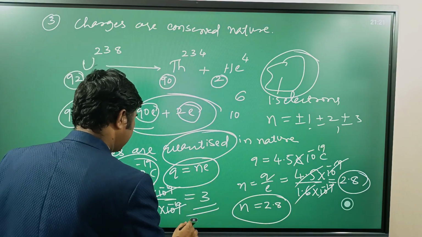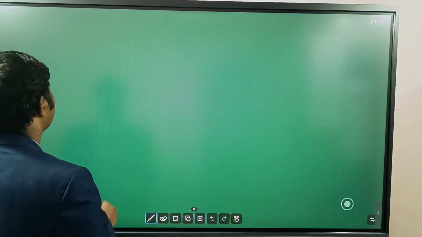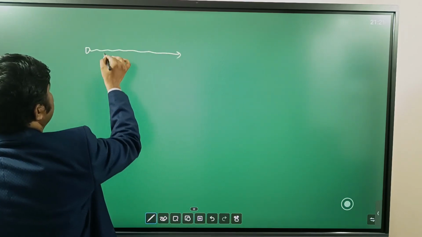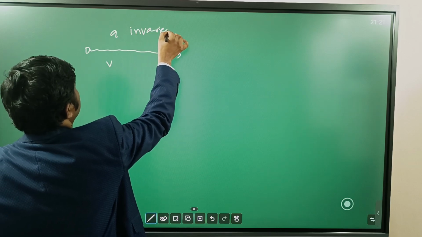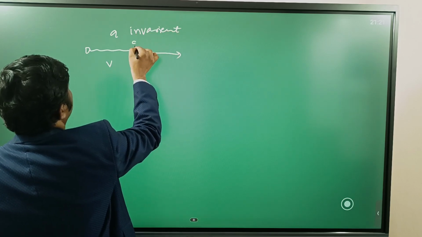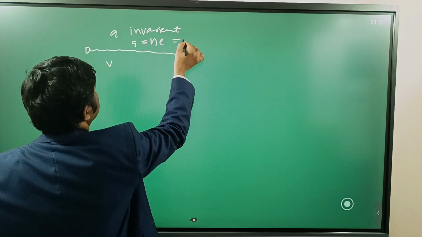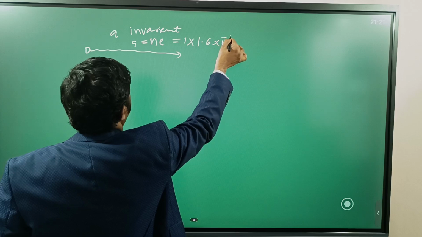And one more important property is, when charged particles are moving with certain velocity, its charge is invariant. That means the value of this charge, q is equal to n into e; if I take a single electron, that is 1.6 into 10 power minus 19 coulomb.